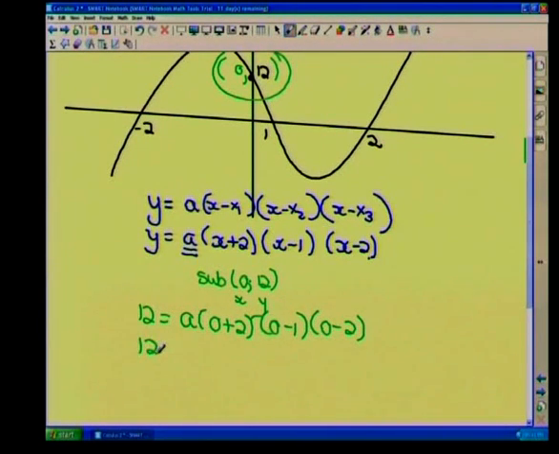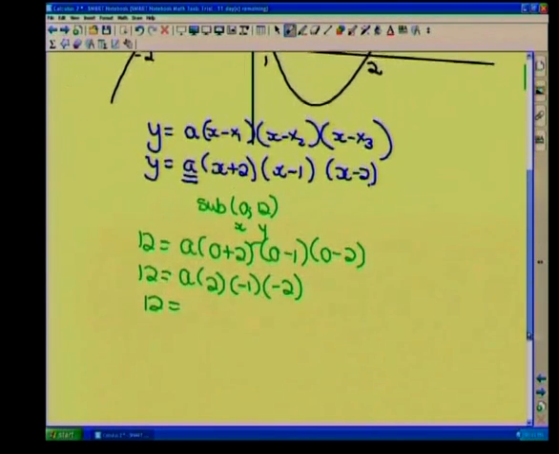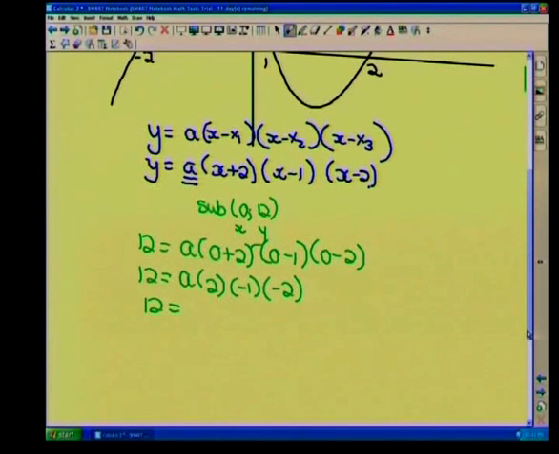So we have 12 equals, and now we're going to tidy up. So it's a, this is going to be 2, times minus 1, times minus 2. So 12 is equal to. Now if we multiply these numbers together, 2 times minus 1 is minus 2. Minus 2 times minus 2 is plus 4a. And so a is equal to 3.